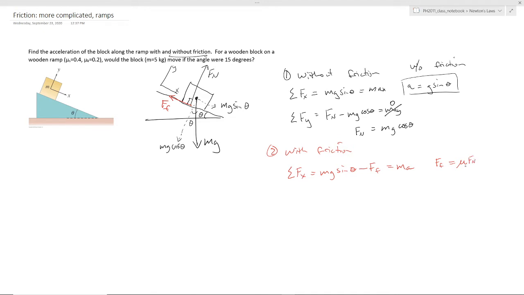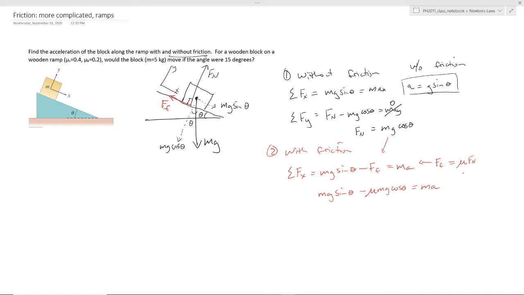So we can substitute this in, and this will be mu times mg cosine theta equals the mass times the acceleration.